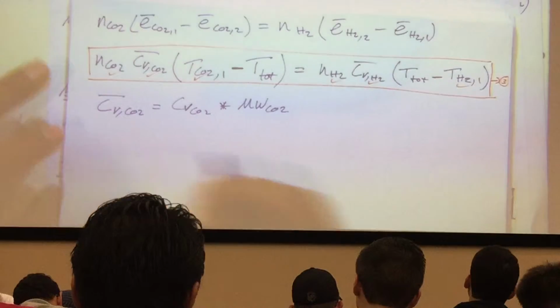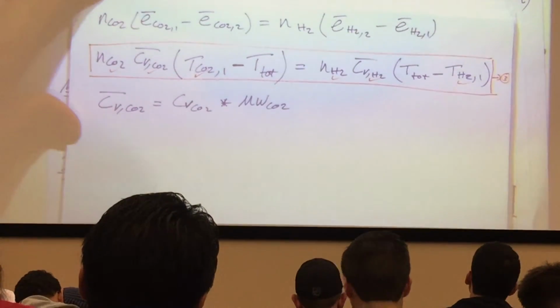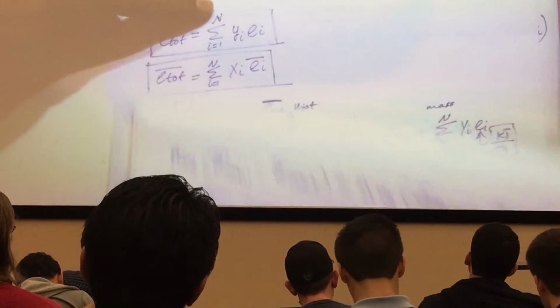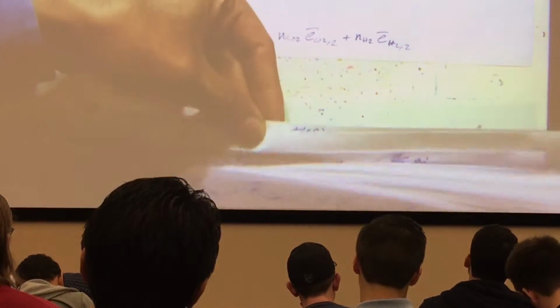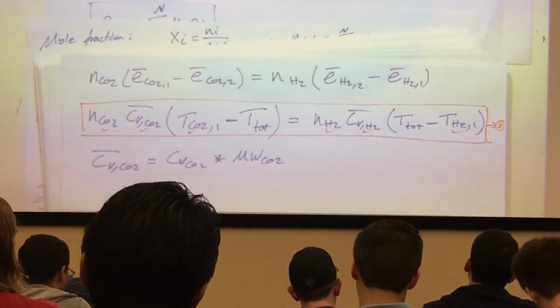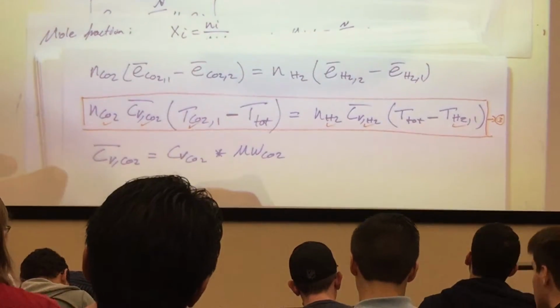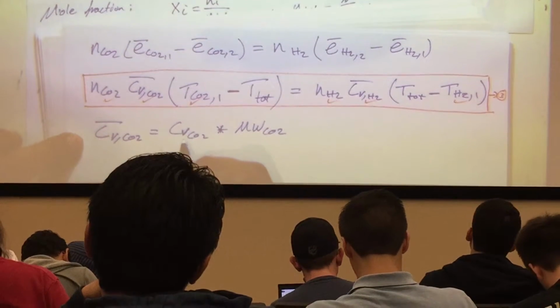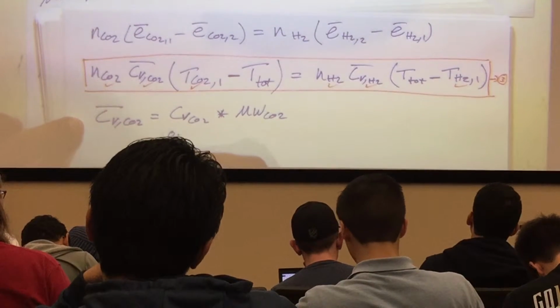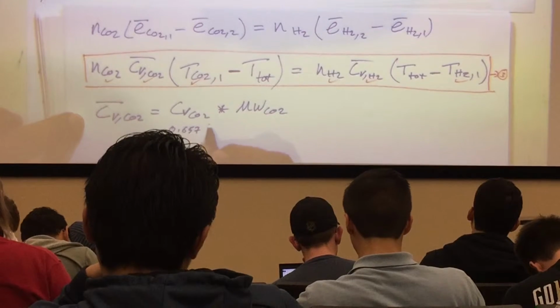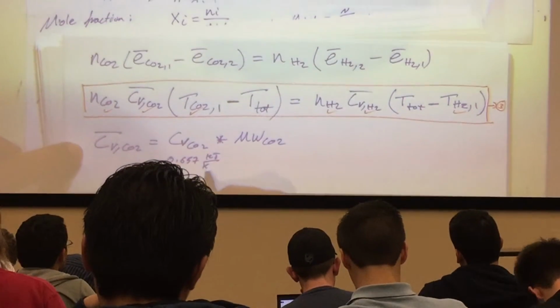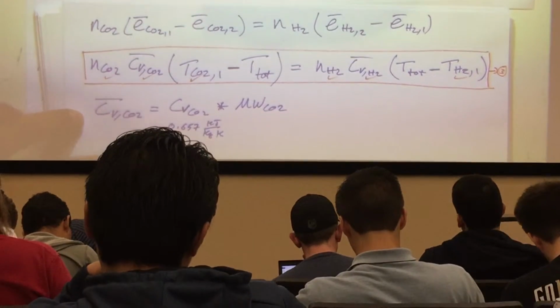Now, let's make sense of the units here. We got this, what was the problem in, this was 0.657 kilojoules per kilogram Kelvin.